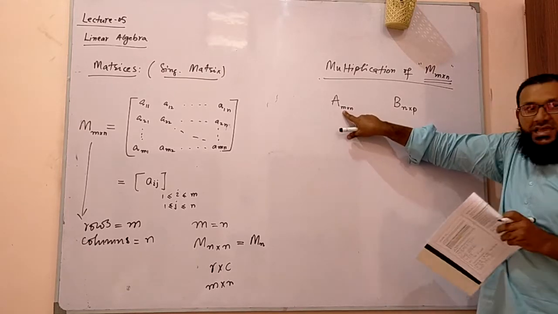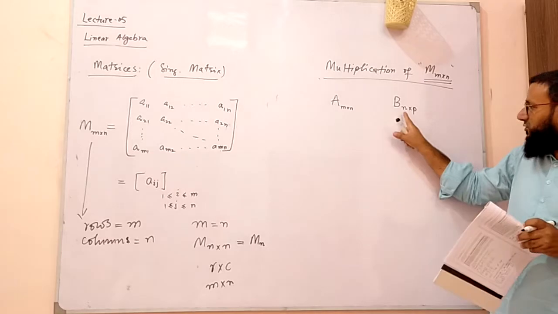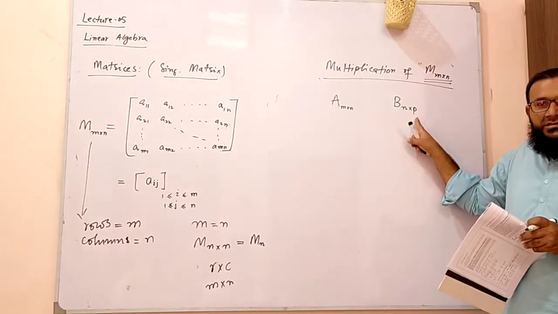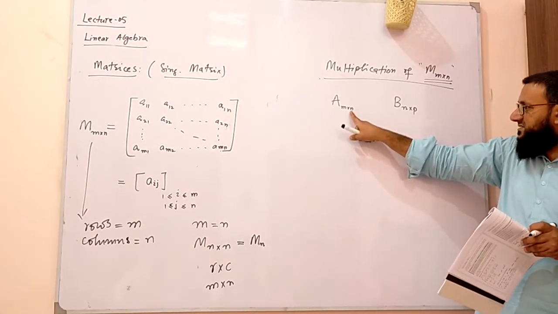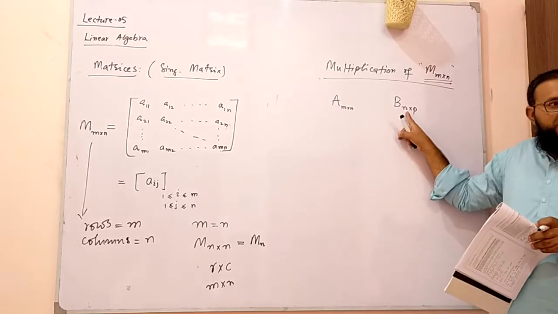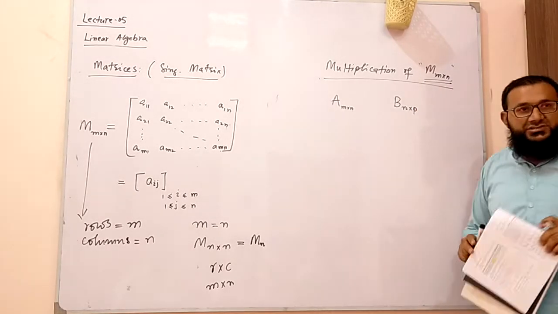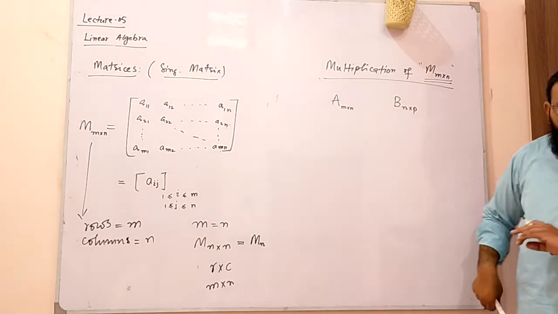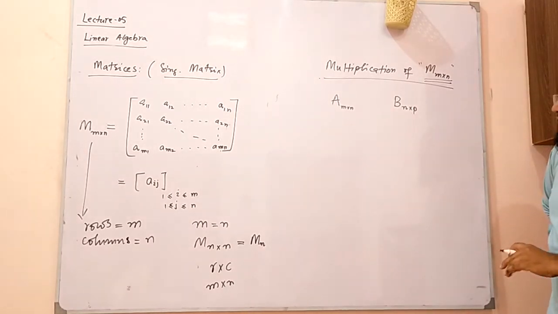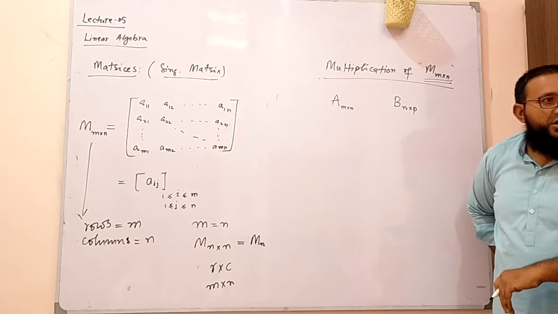So how many rows? m, columns n; rows n, columns p. So the columns of the first matrix is the same as the rows of the second matrix. So how can I find out the multiplication of these two matrices? Simply, we know very well, row multiplied by column and so on.